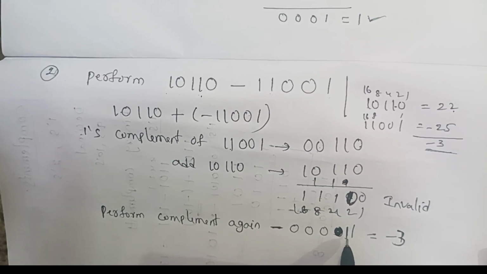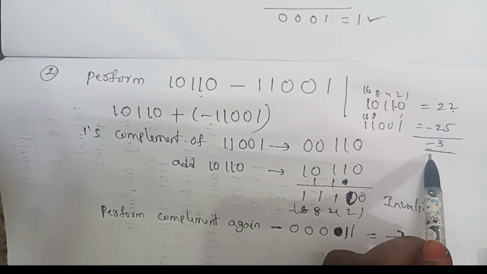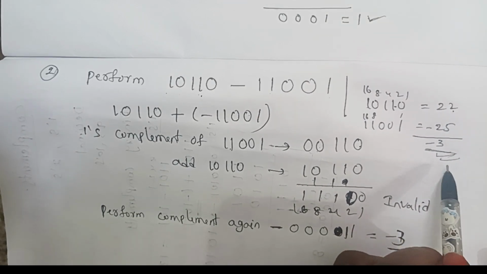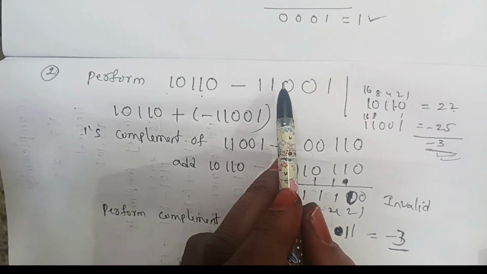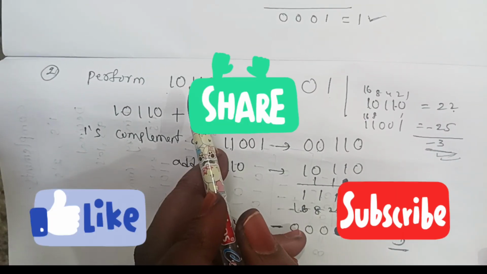So 11100 becomes 00011 with a negative sign. This 00011 is minus 3. So 22 minus 25 is minus 3. This is the final answer. Like this we have to do it if we are subtracting a larger number from a smaller number. Thank you.